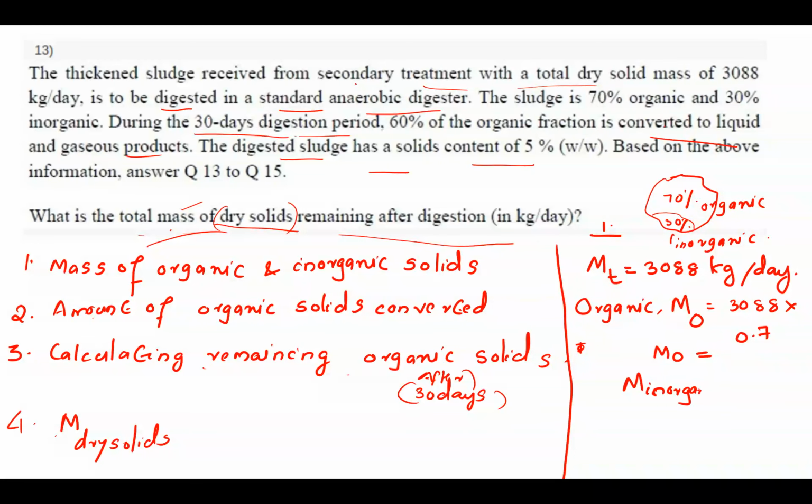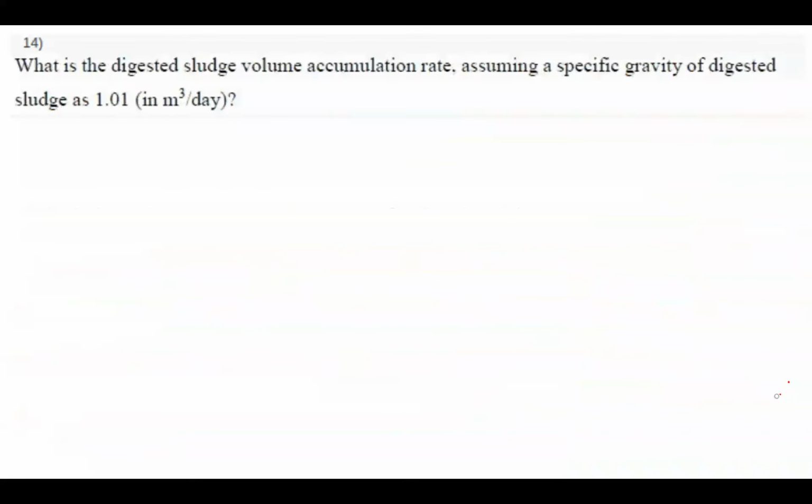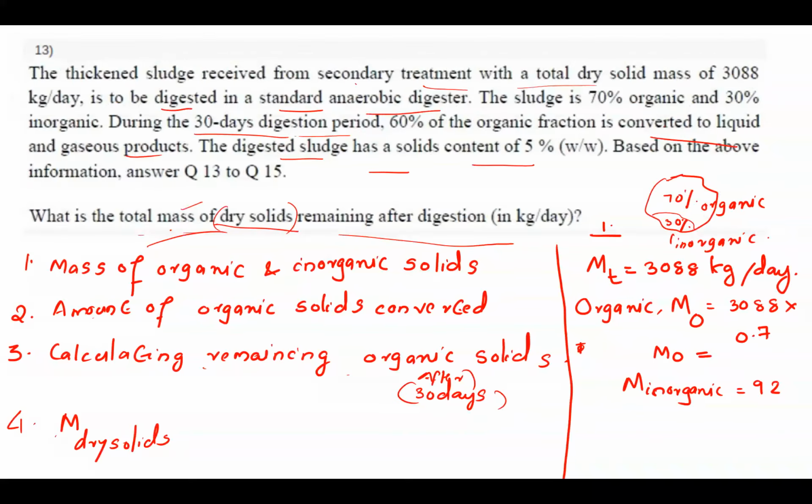This is 926.4 kg per day, and the organic is 2161.6 kg per day. So we got the first one from the first statement.